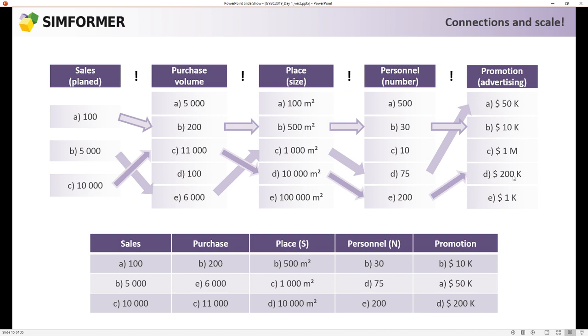And then naturally, once again, 200,000 for the advertising. Well, once again, 1 million probably for the advertising budget would be more suitable for a 100 square meters area. So that would be my recommendation on how to solve or try to connect these dots.